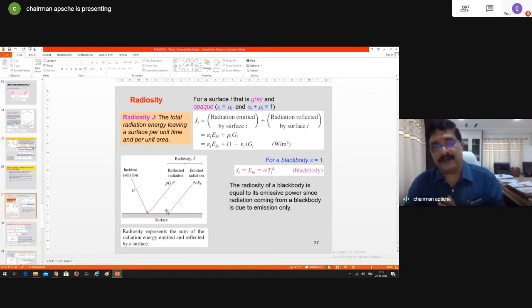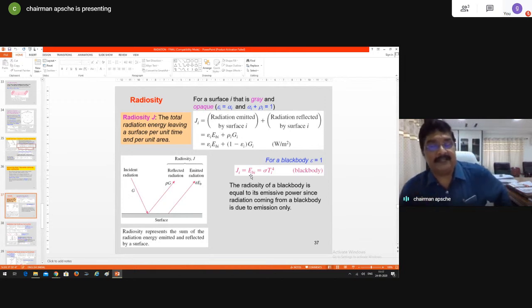When I talk about the radiosity of a black body, it is all about radiation coming out from a black body. So from this equation also, for a black body emissivity is equal to 1, I substitute emissivity as 1. So the reflected component becomes 0, and the radiosity leaving the surface is only the emissive power of the black body. So I just introduced these terms, irradiation and radiosity. Don't get confused. Irradiation is the total amount of radiation falling on the surface, which we treated as incoming radiation.